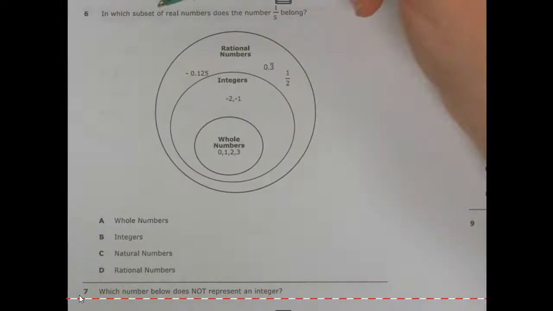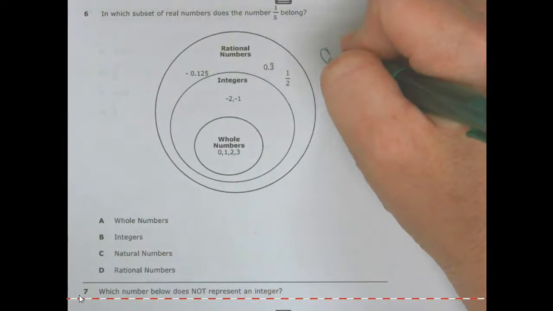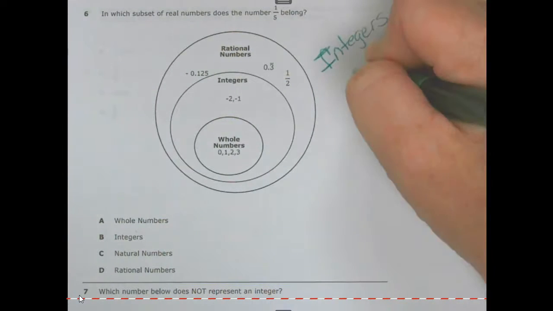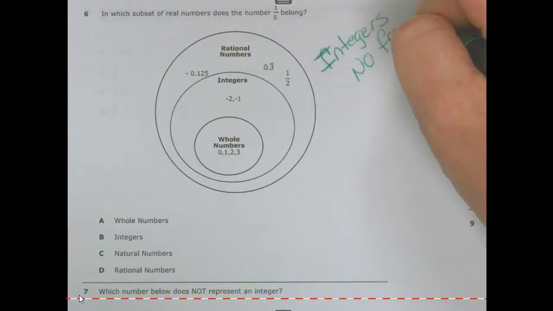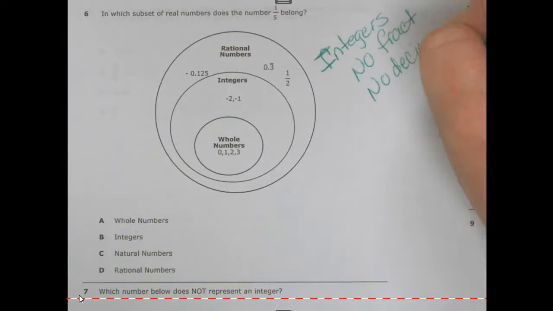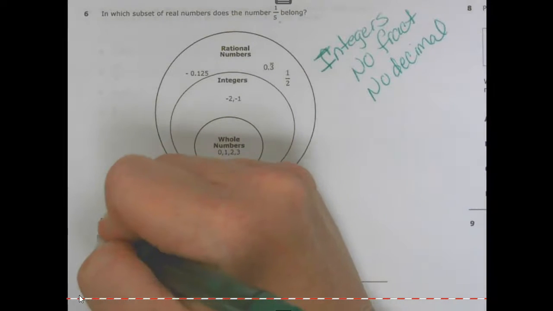In which subset of real numbers does 1/5 belong? Well, I know with integers, there is no fractions and no decimals. And this is a fraction, so I know it cannot be an integer.